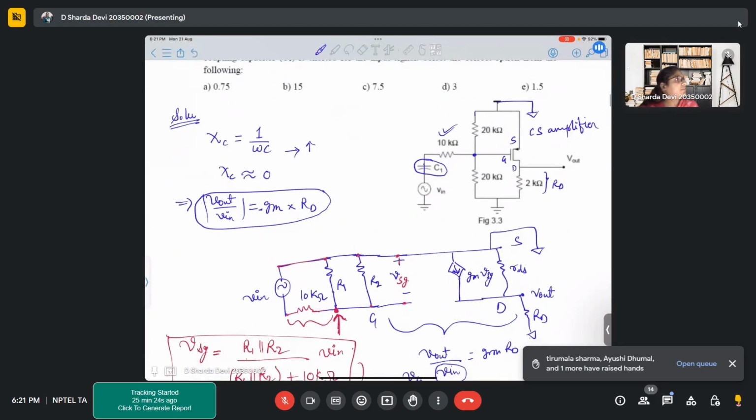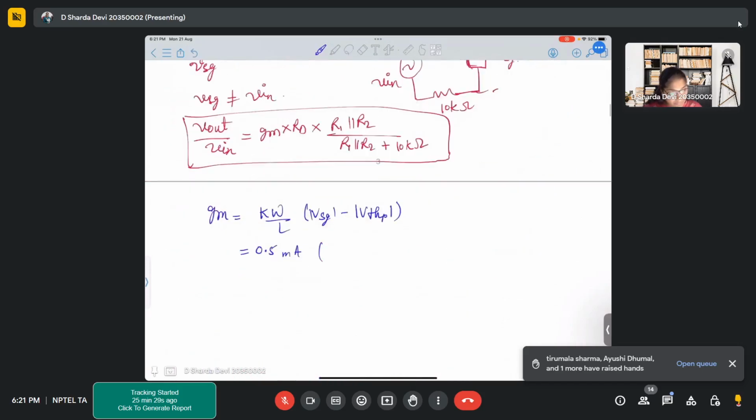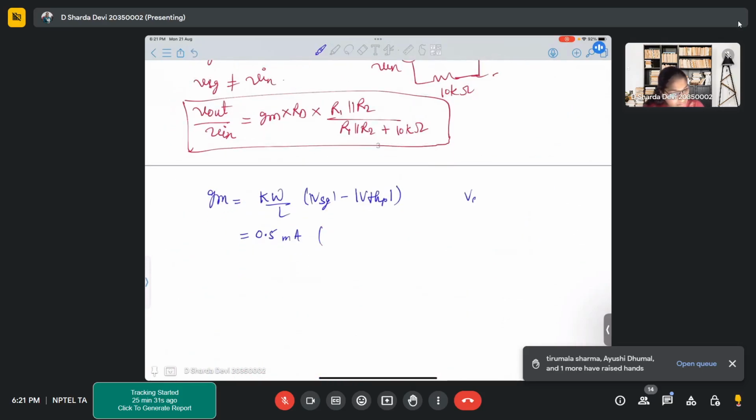The VSG that we got last time was 4 volts. So VSG is 4 volt, 4 minus 1. So GM is 0.5 milliamps into 3, 1.5 millisiemens.